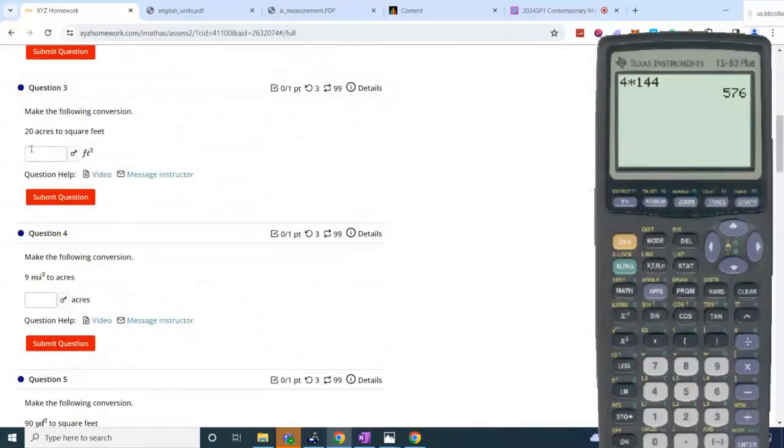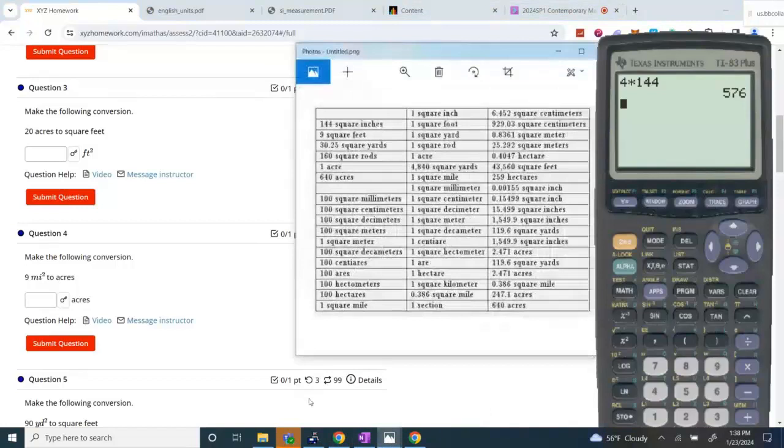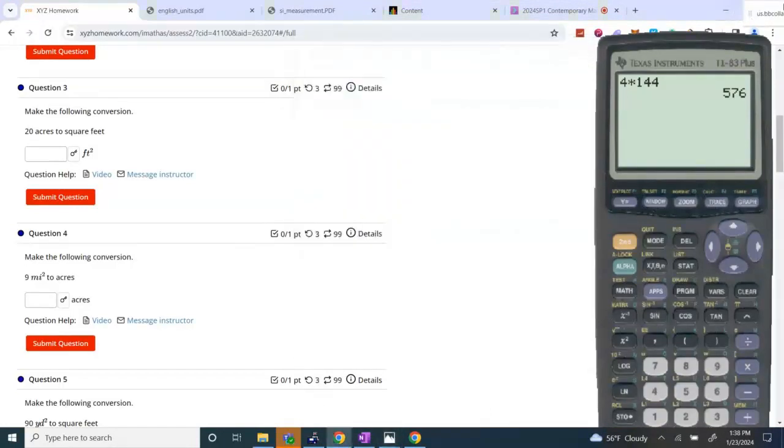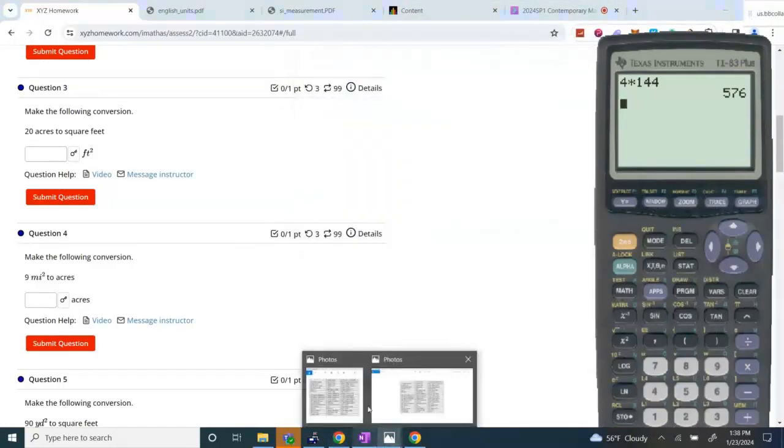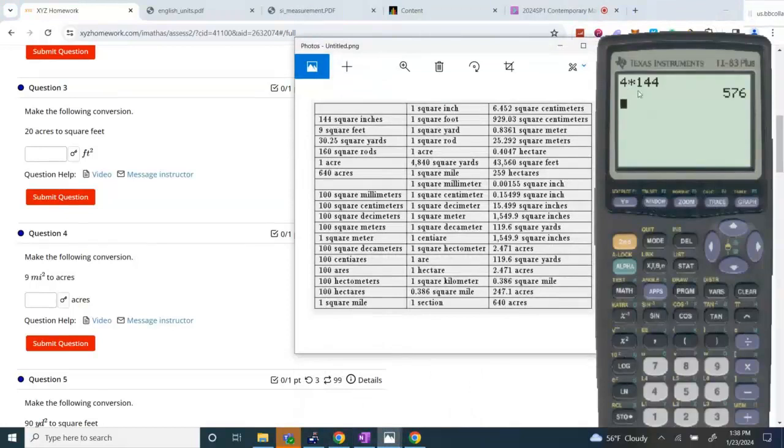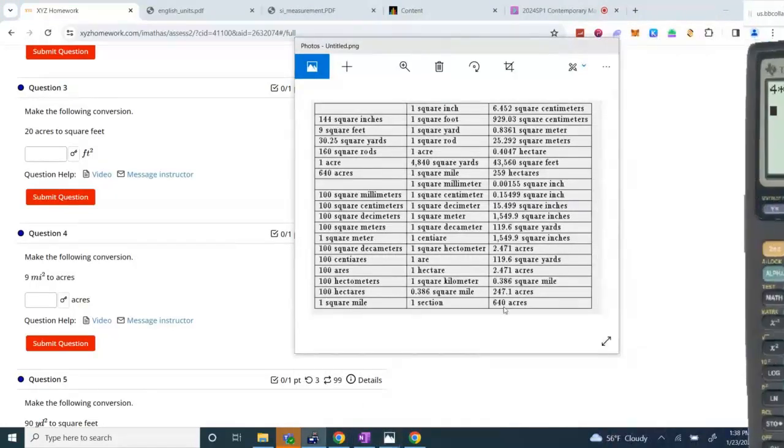And if I go further down, number 3, we're asked to convert 20 acres to square feet. So if I look up acres to square feet, it'll be this.